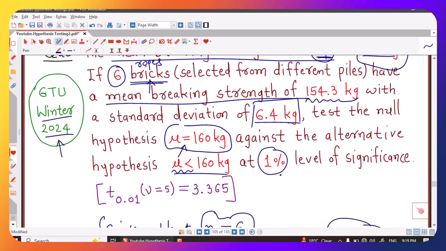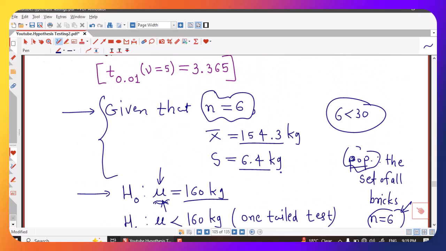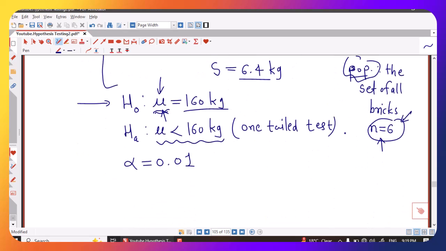Now they have not specified anything about the distribution of population. We know that if sample size is smaller than 30, then we can use small sample t test for testing the null hypothesis related to population mean, but we must have the distribution of population as normal distribution.